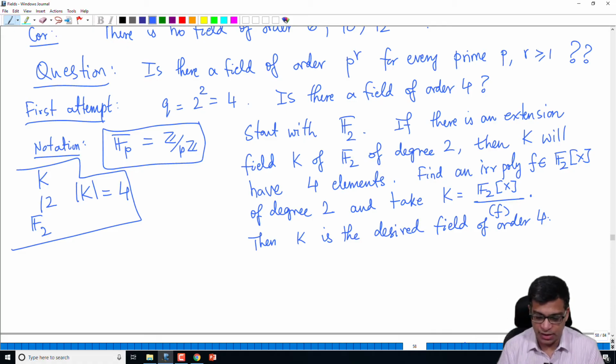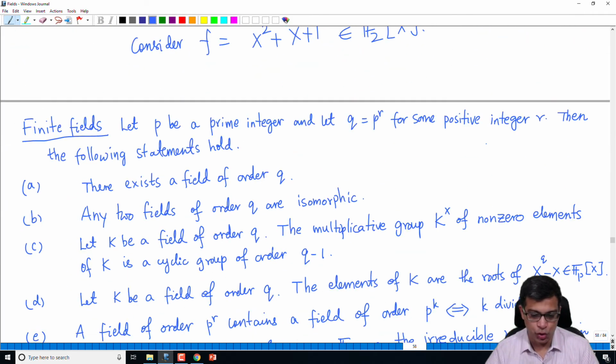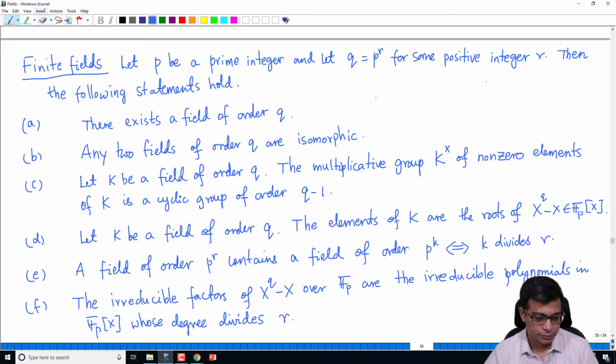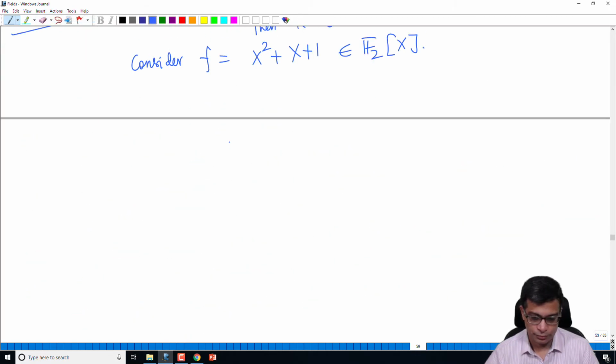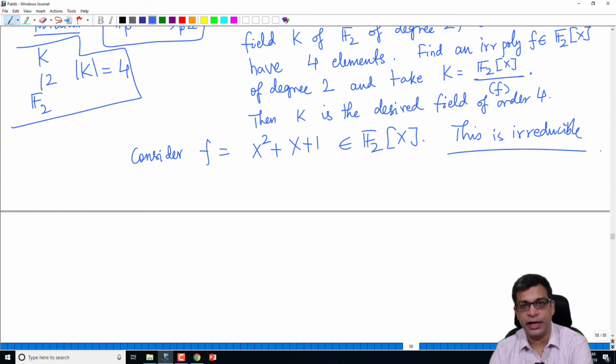How do we select such a thing? So simply take f equals x squared plus x plus 1 in F_2[x]. I claim that this is irreducible. How do we show that? This is very easy. For a degree 2 polynomial, verifying that it's irreducible or not is very easy.